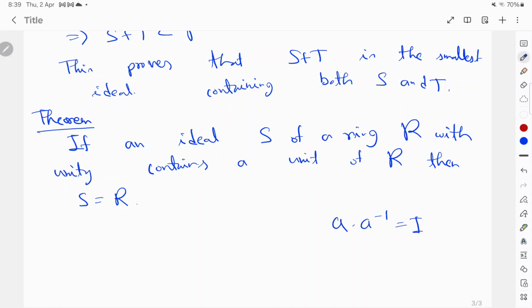So in this way, in the ring you have unity and it contains a unit of R.